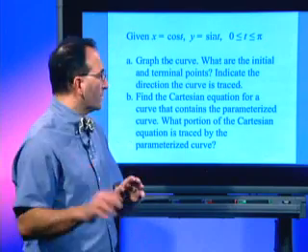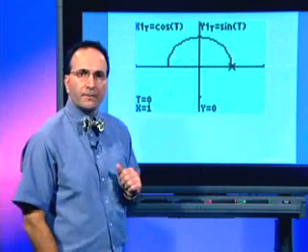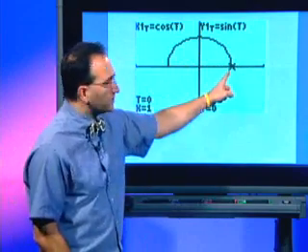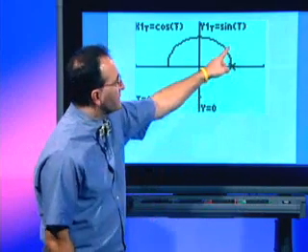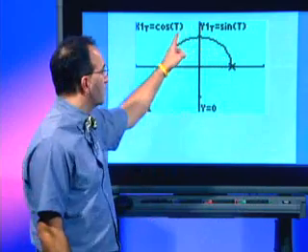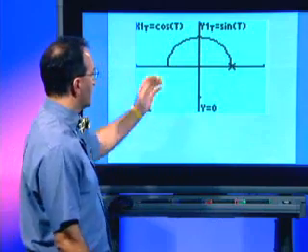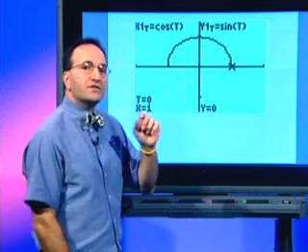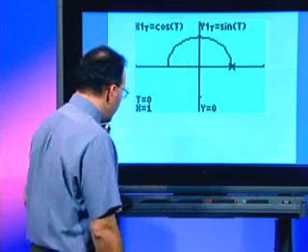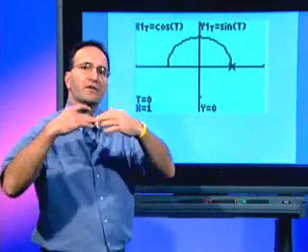All right, so let's take a look at this on the graphing calculator. What we can see is that the initial point is 1, 0. It is traced in that direction to the terminal point of -1, 0. This, of course, is the graph of a circle, and therefore it's just going to be the top half.